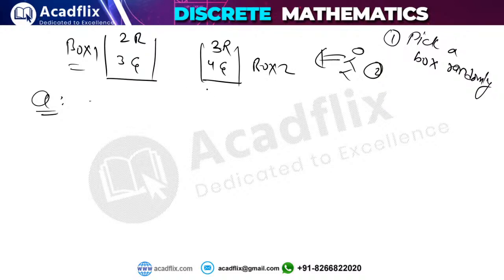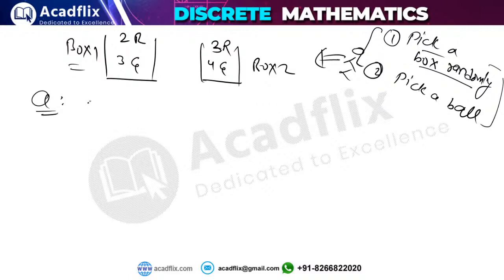You are going inside and now you can pick any of the box randomly. Then once you have picked a box, now you are extending your hand and you are picking a ball. Okay, this is the experiment that you are doing. So this is your experiment.